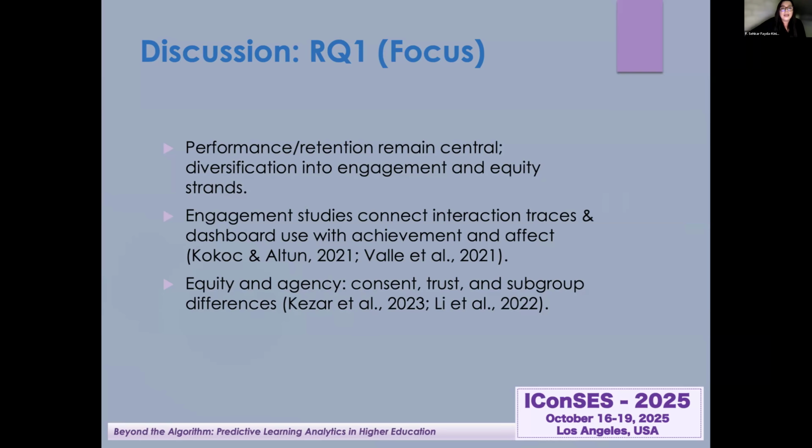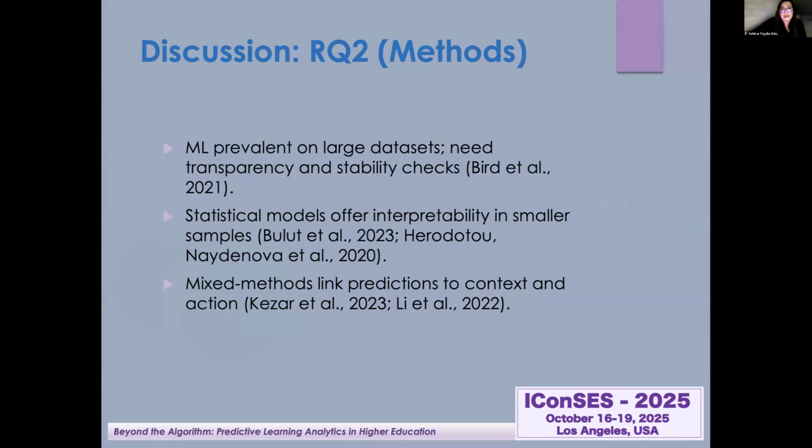There are also some engagement studies connecting interaction traces and dashboard use in relation to achievement and affect. Equity and student agency were also common research foci I have identified in these studies.